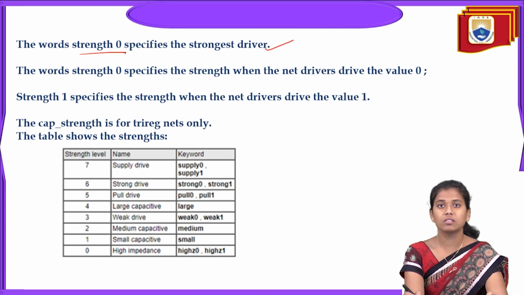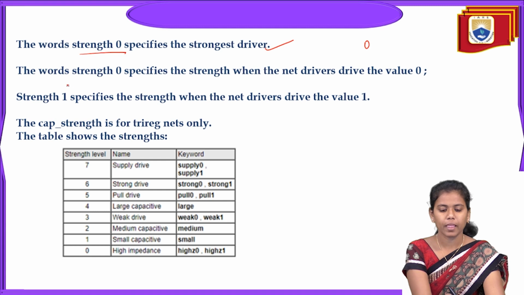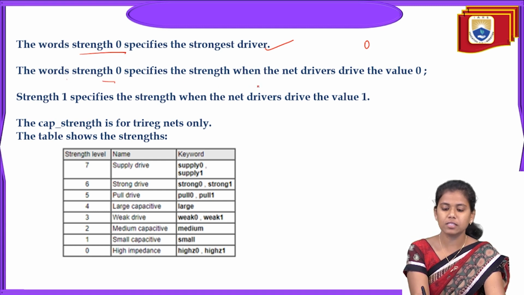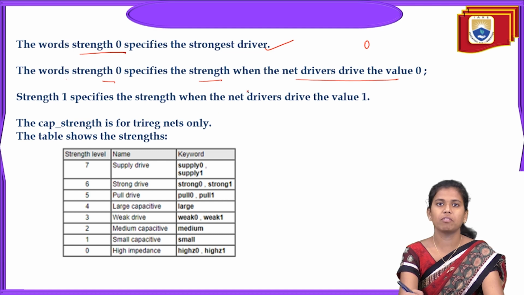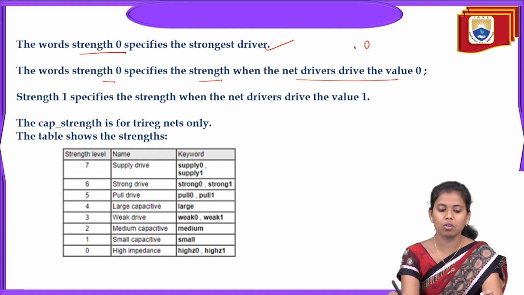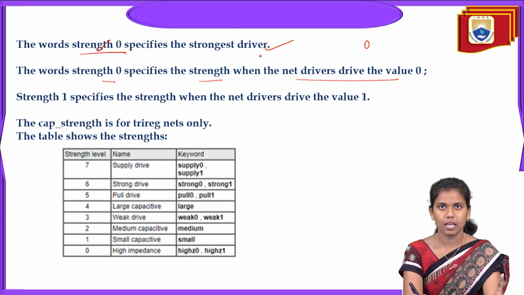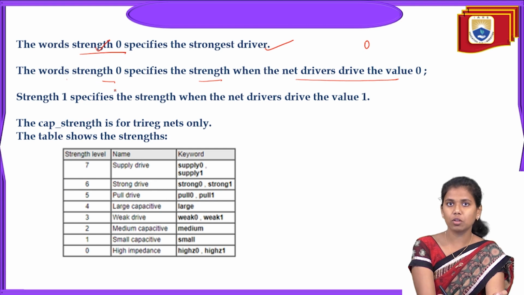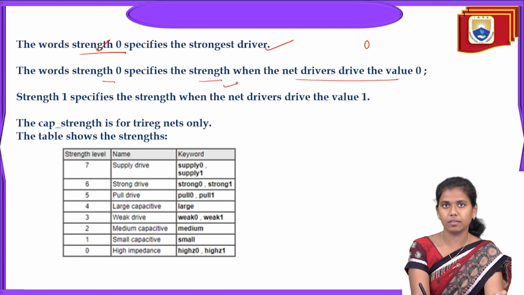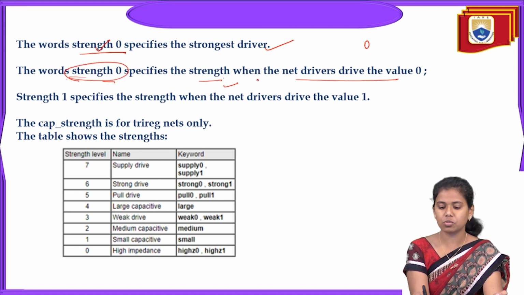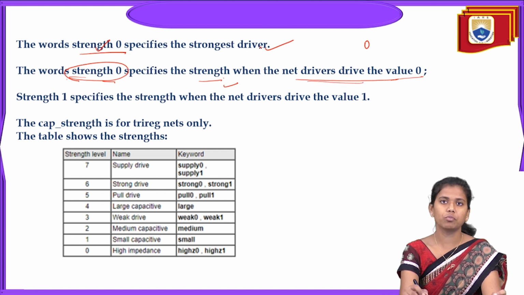Here the strongest net driver is giving the value 0 to that particular strength. The word strength 0 also specifies the strength when the net driver drives the value 0.